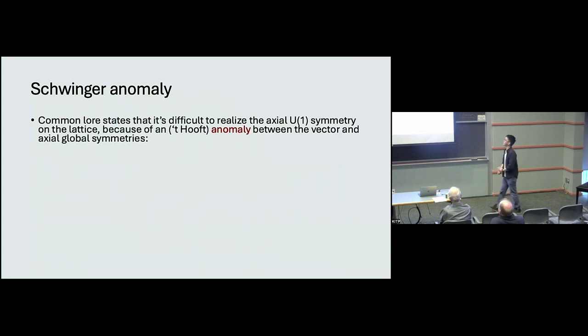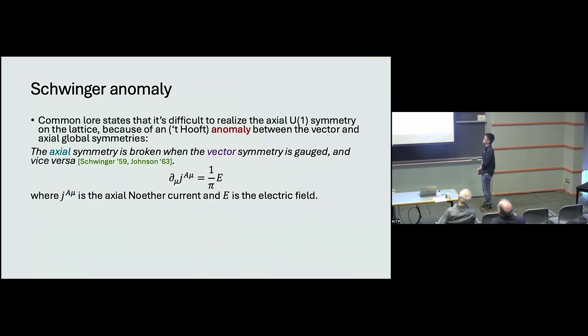Now, common lore states that it's difficult to realize an axial U1 global symmetry on the lattice because of an anomaly between the vector U1 and the axial U1. This anomaly is, I think, one of the first anomalies understood by mankind, and that's the Schwinger anomaly.